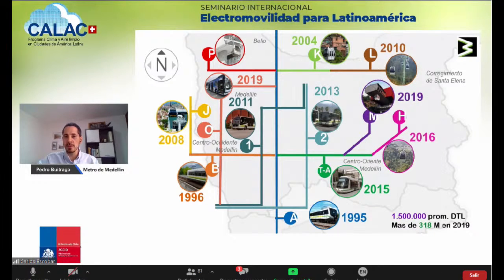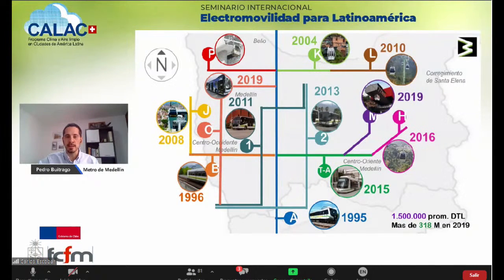In 25 years of operation, the system has experienced growth and development, and it has significantly increased its coverage in the Valley of Aburrá, following a master expansion plan that has been built and developed in a careful manner. At present, we operate 2 metro lines, 5 air cable lines, 3 PRT lines, and 1 tram line. And in construction, we have another air cable line.